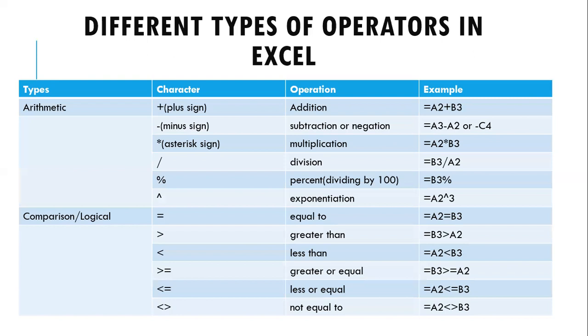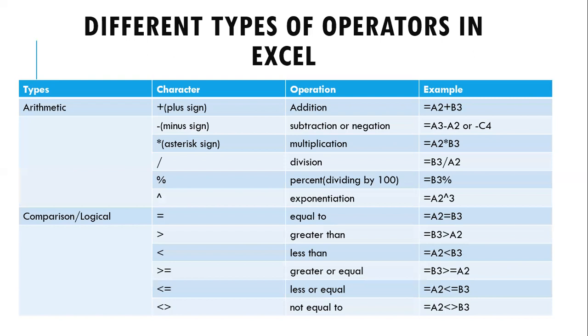You can simply multiply them. The other one, division, maybe B3 divided by A2. Percentage, maybe B3 percentage, you simply get the answer. Now, these are just few of the examples.